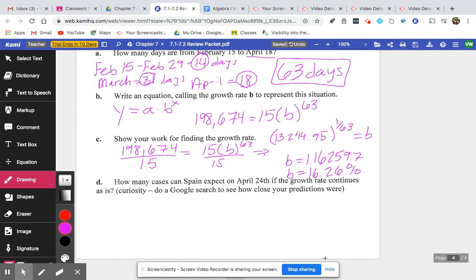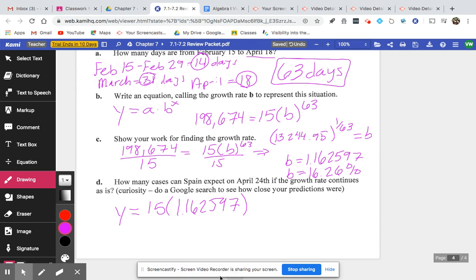Letter D. How many cases in Spain expect on April 24th if the growth rate continues as is? And out of curiosity, do a Google search to see how close your predictions were. So real quick, we got y equals 15 times 1.162597. I'm going to use the whole thing.